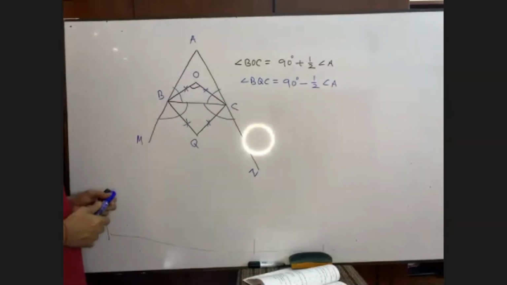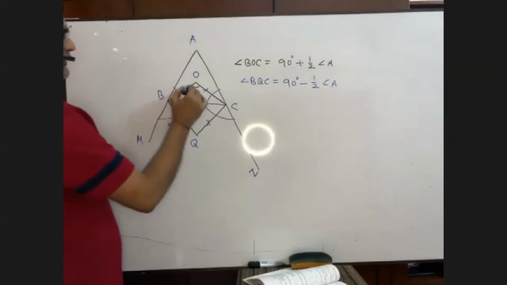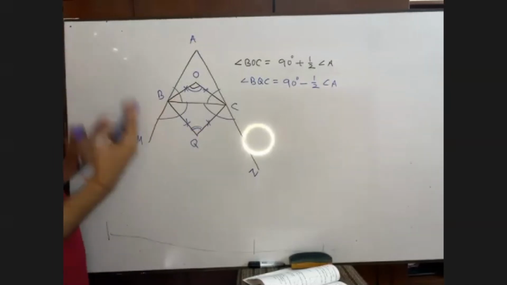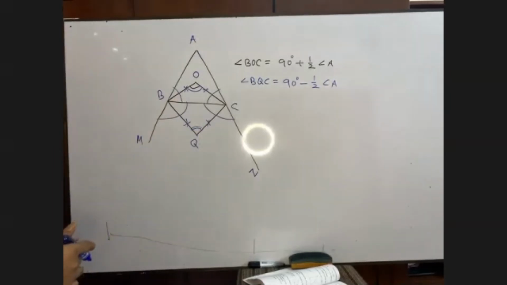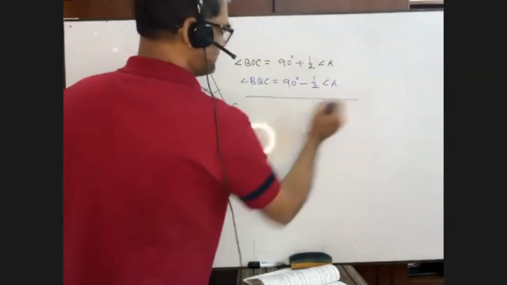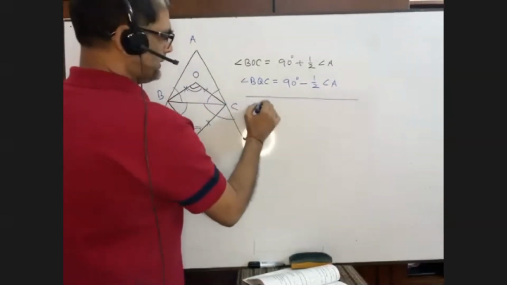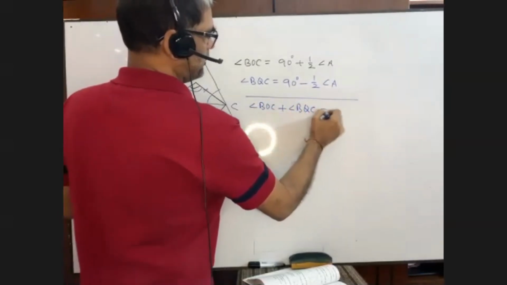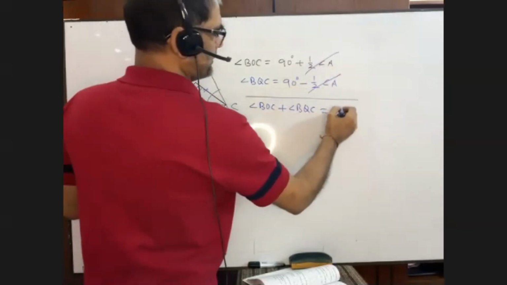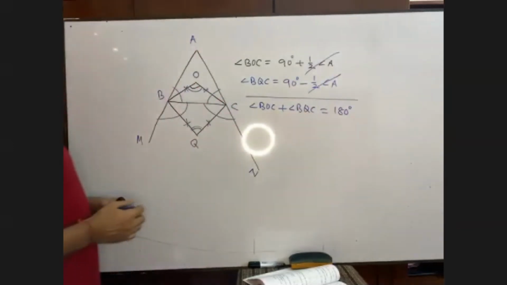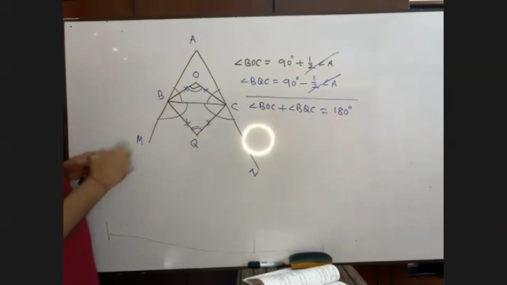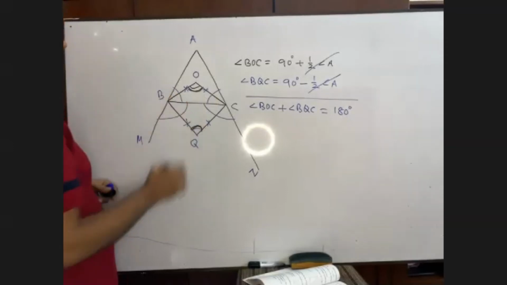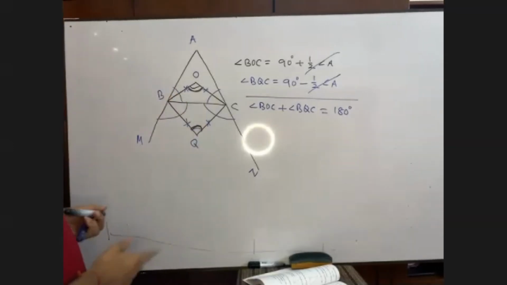So this is equal to 90 plus half, and this is equal to 90 minus half. If we add, angle BOC plus angle BQC, the half will be omitted, so 180 degrees. That means this and this equal 180 degrees.